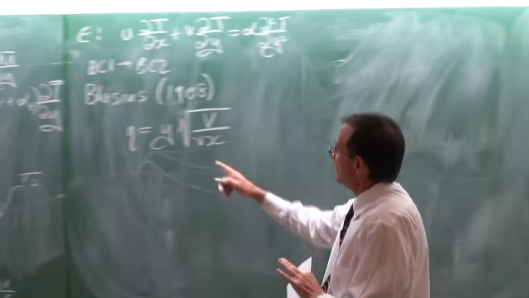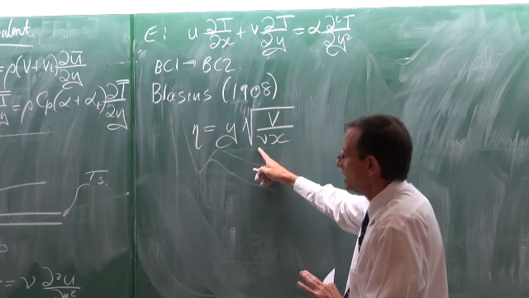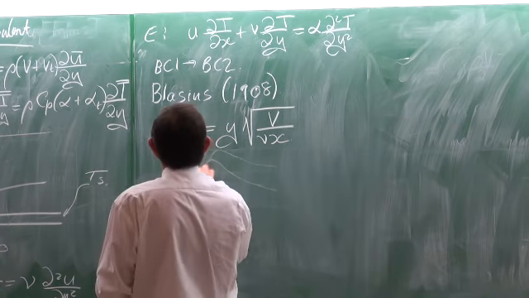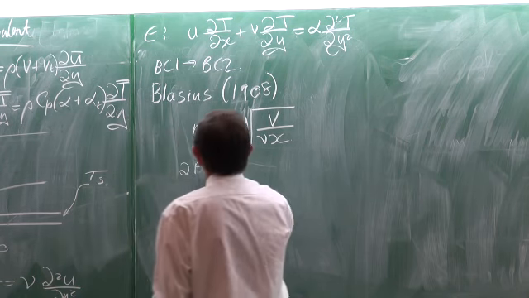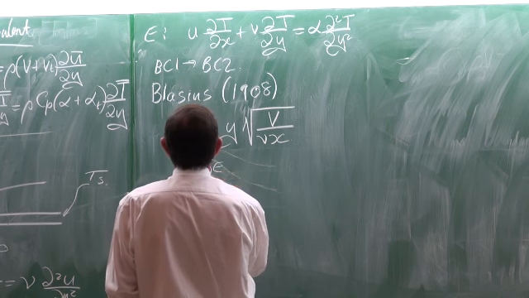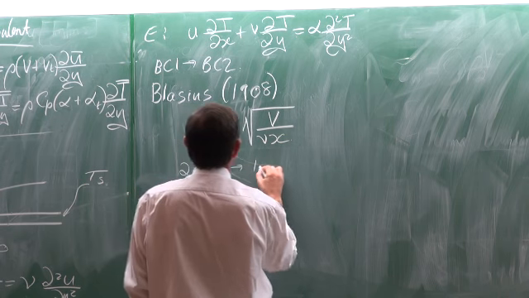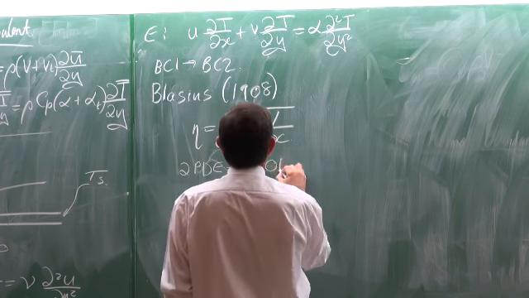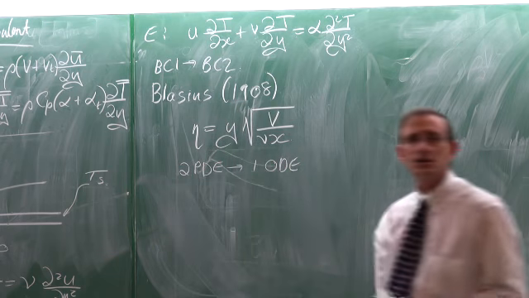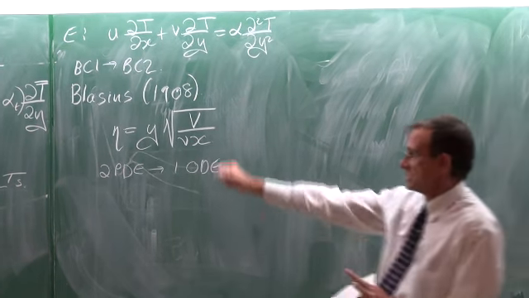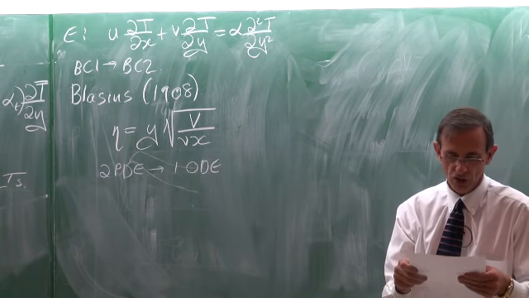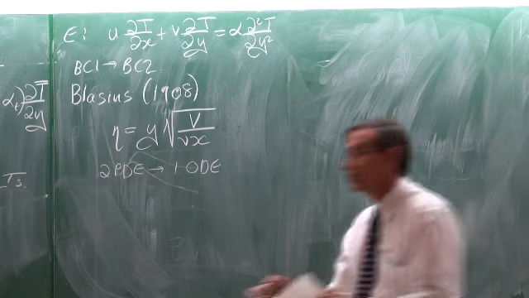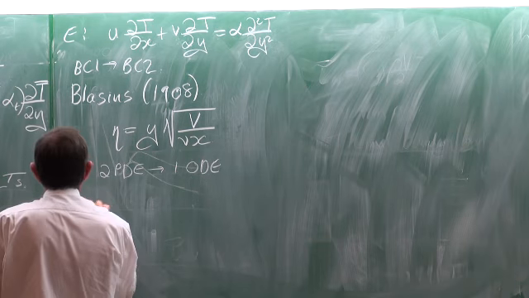With this similarity variable, it was possible for him to take the first two equations and change them from two partial differential equations to one ordinary differential equation, also using the stream function approach.